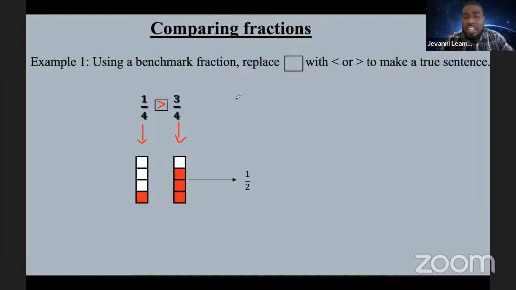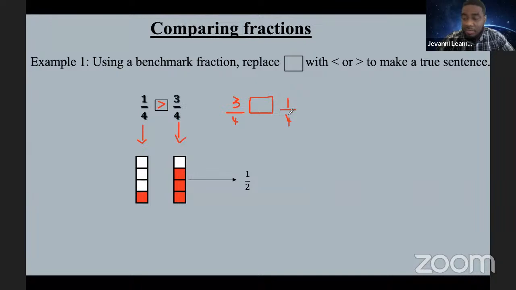Now, what if I changed it and put, oh, sorry for the bad handwriting. Let me put 3/4 first, and I put a quarter right here. Now, what sign would I put in this rectangular box? Would it be a less or a greater than sign?